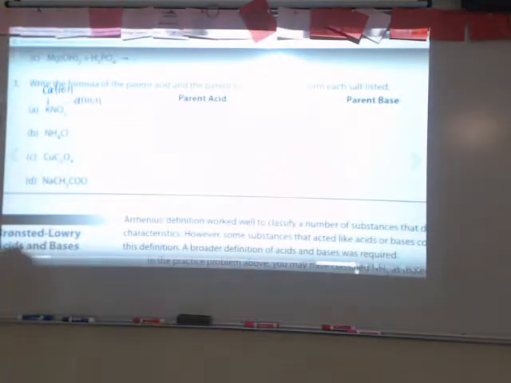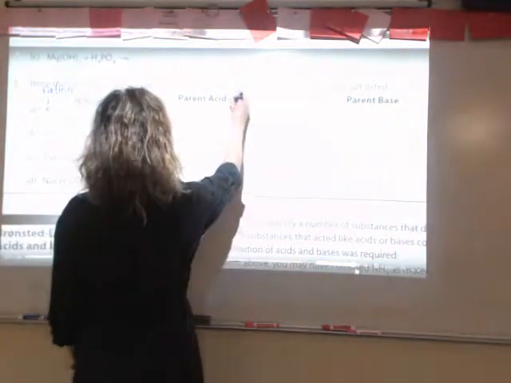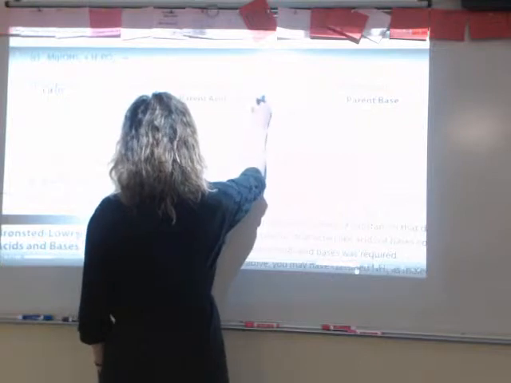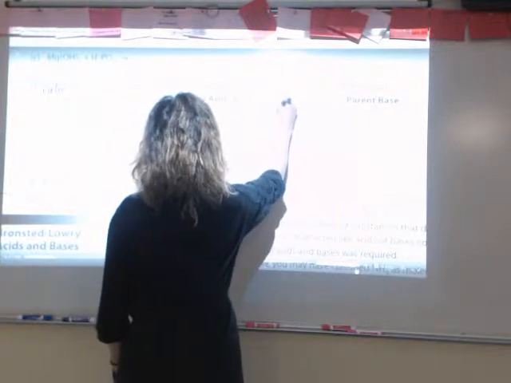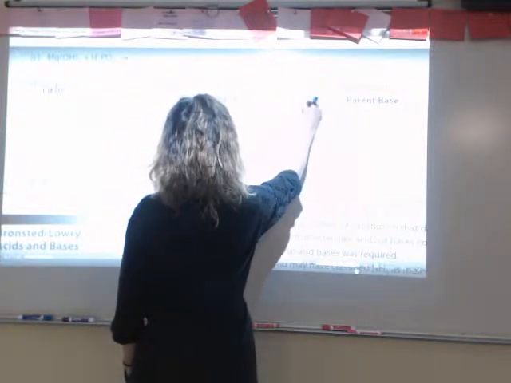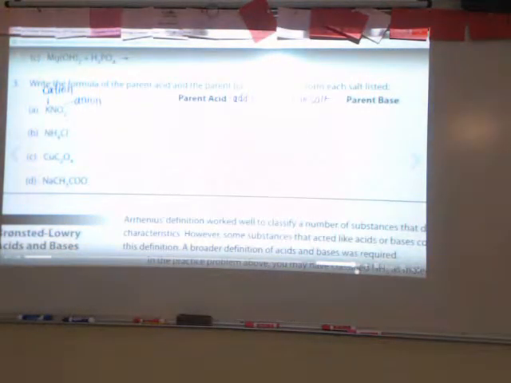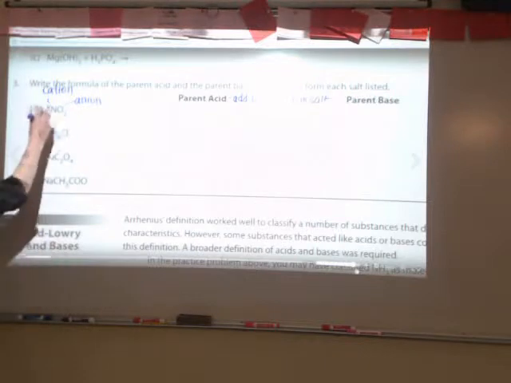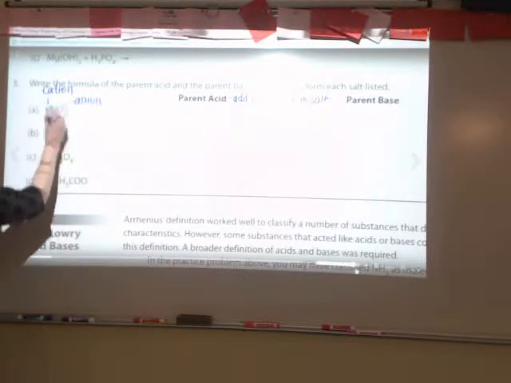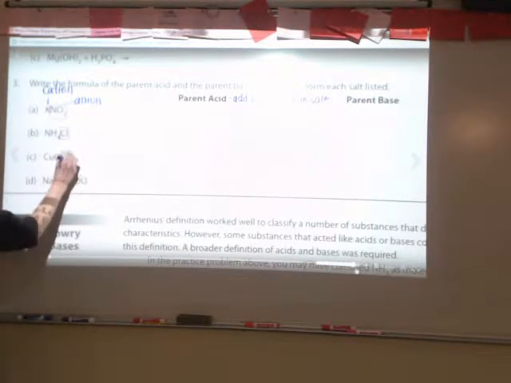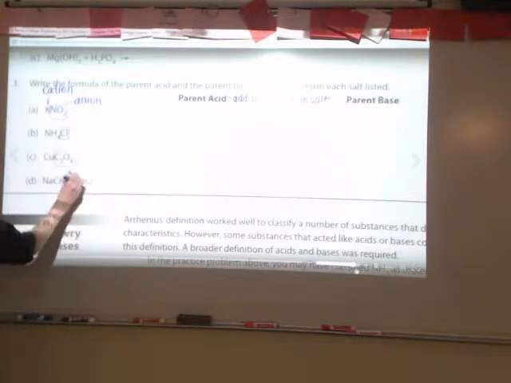What that means is, if I'm looking for the parent acid, I'm going to add a hydrogen ion to the anion in the salt. The anion is the second ion in each formula.